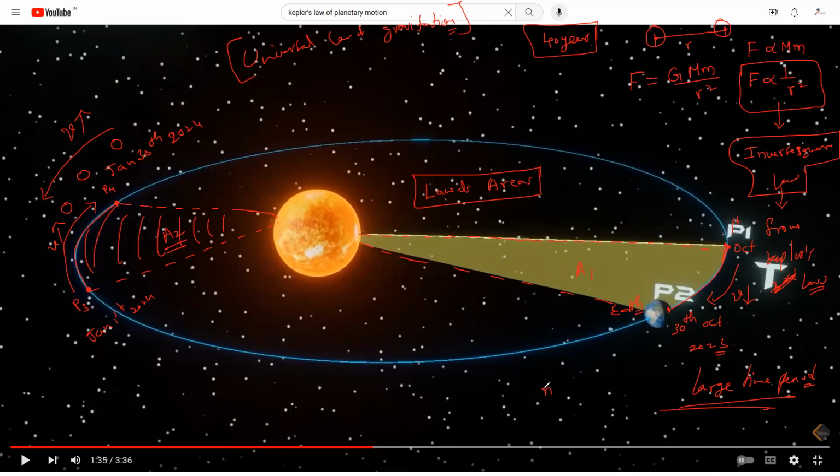That's why I'm taking at least 1 week or 1 month as the time period. So whatever area it sweeps in October month, the same area it will sweep in the January month. That is what we call the law of areas. Equal areas will be swept out in equal intervals of time.